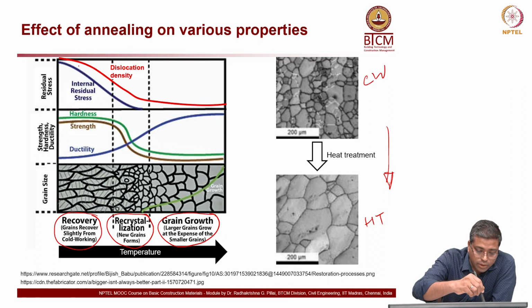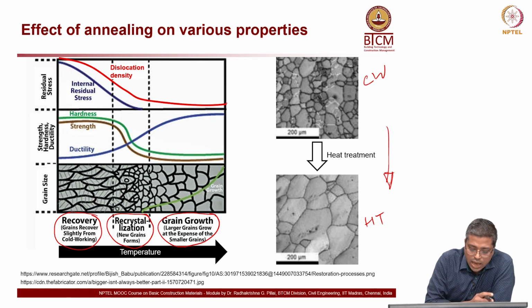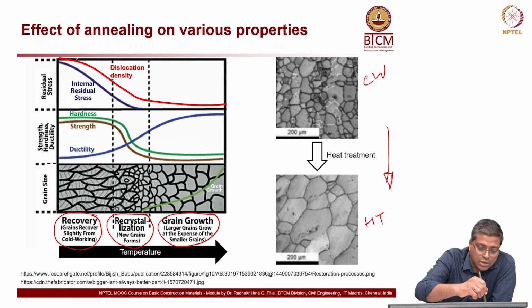Now, what will happen? The dislocation density decreases as you move to the right, and as you keep heating the material, the internal residual stress also decreases as you go through these three phases.